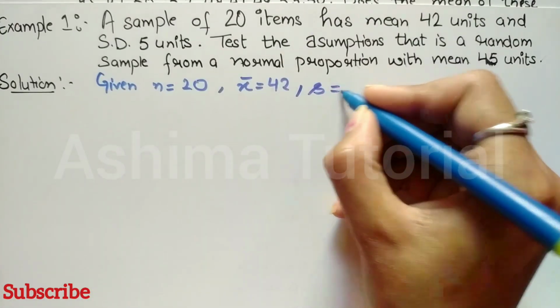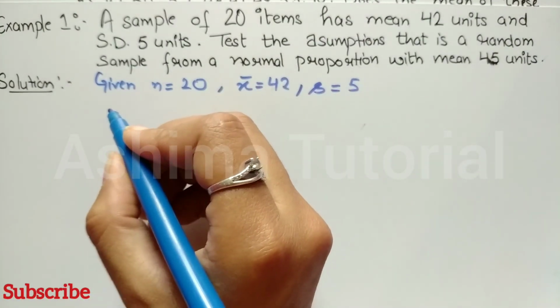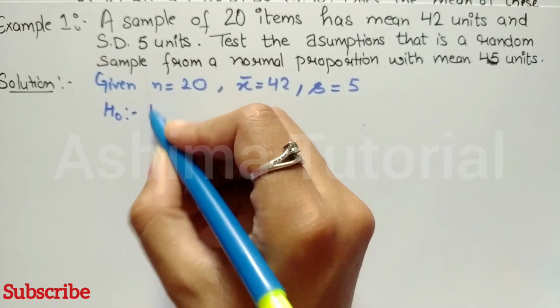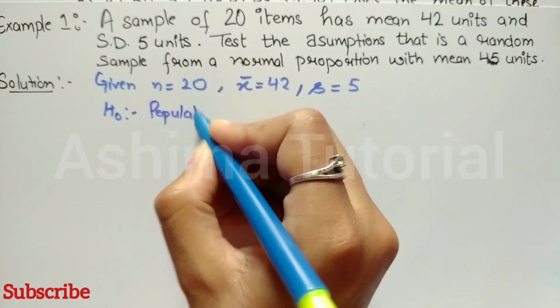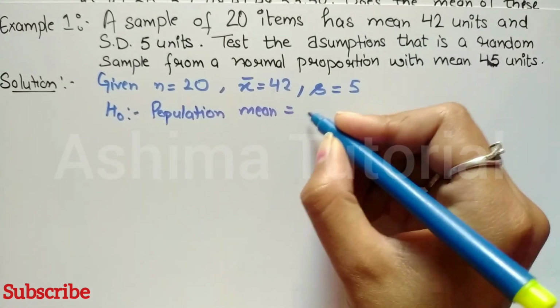Now we set up the hypothesis. Null hypothesis H0: population mean is equal to mu, and it is given mu is equal to 45 units.